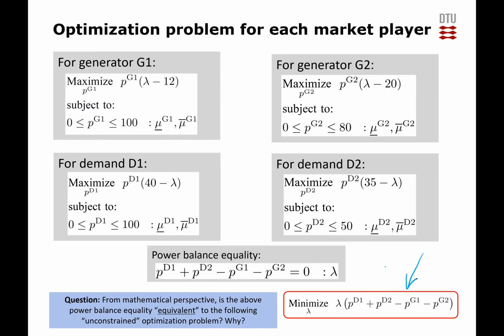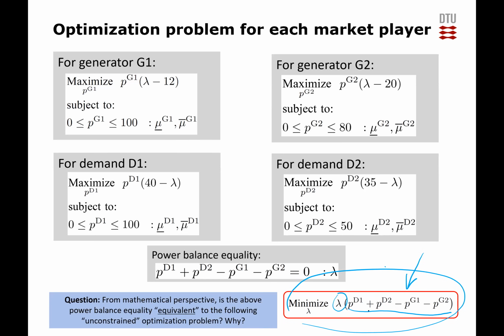What does this optimization do? How can we interpret this optimization problem? What are we trying to do here? Minimizing the difference of consumption and production times lambda, while lambda is a variable. We know that it's price. How to interpret it? Profit.